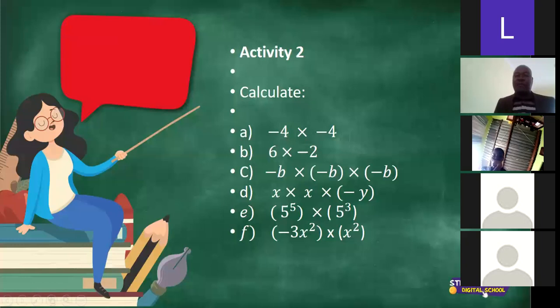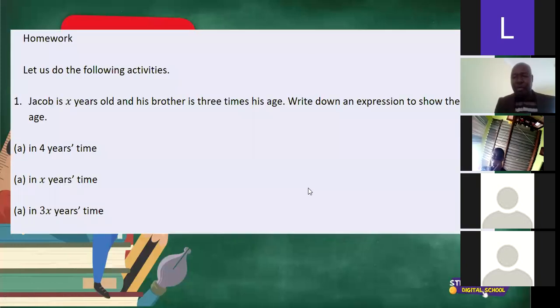Now, here's the following homework, which I want you to take with you for today. Do the following activities. Jacob is X years old, and his brother is 3 times his age. Write down an expression to show their total age. A, in 4 years' time.